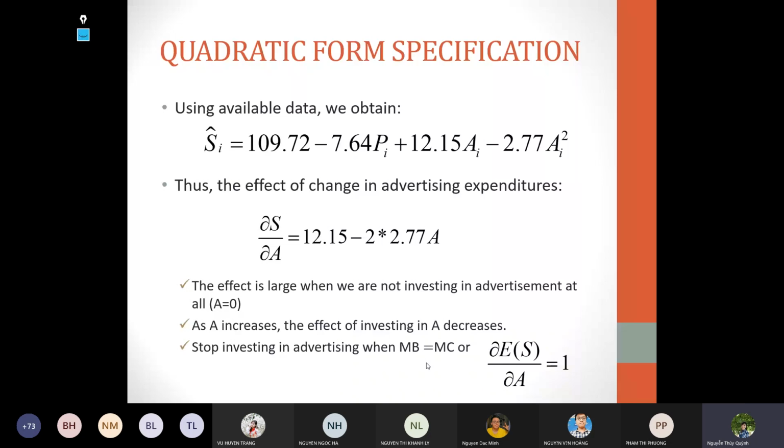So here we have the optimal level of advertising if the marginal benefit of advertising is equal to the marginal cost of advertising. So what is the marginal benefit of advertising here? What is the marginal effect of advertising?